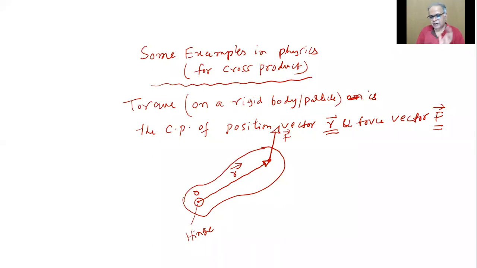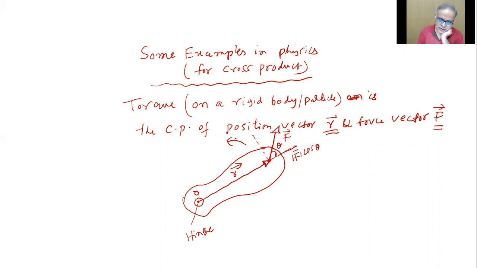So the turning effect of this body, you know very well. Once it is hinged here, when I apply a force like this, it doesn't come off the hinge like that. It actually turns like that. Supposing this angle is theta between R and F, this component will be mod F cos theta.